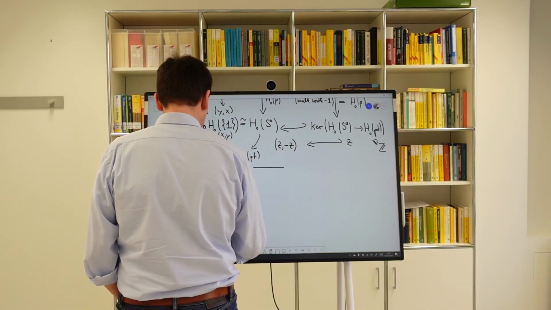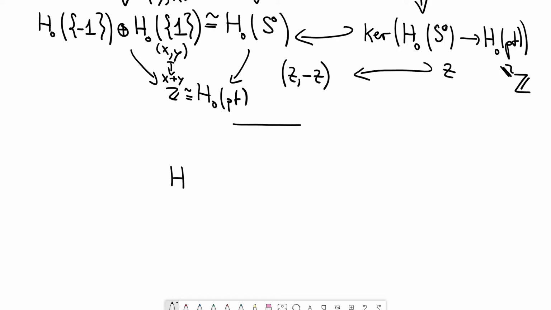So what we considered was HD of SD, DD plus, which is just the upper hemisphere in the d-dimensional sphere.